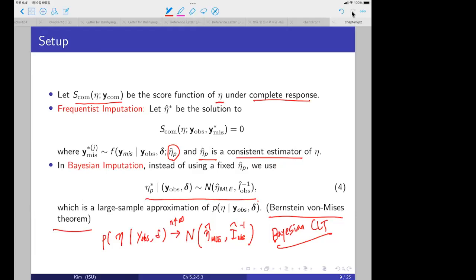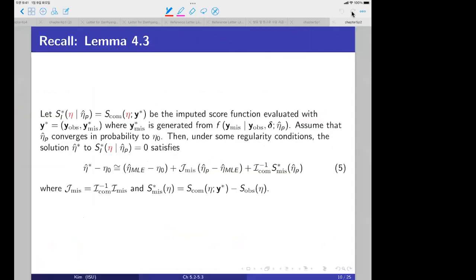In Bayesian imputation, instead of using a fixed eta hat P, we use eta star P. The star means we are generating, but to emphasize it's preliminary, we'll use a subscript P. That seems quite difficult, but luckily we have a previous result: lemma 4.3 that we learned two weeks ago.